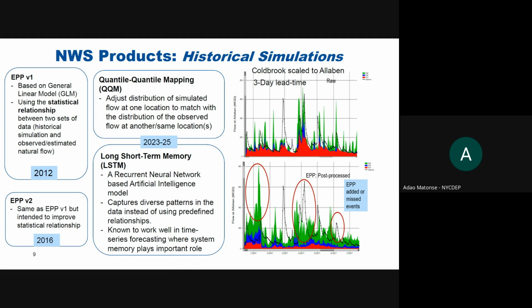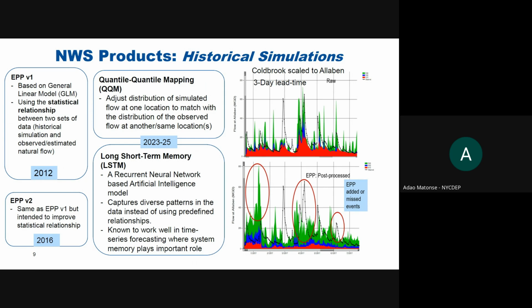We soon realized that for some locations, and for some locations more often than others, the APP was adding high inflow events that were not in the raw forecast. In the same way, in some instances, it was missing high inflow events that were present in the raw forecast but were not showing in the post-processed forecast.